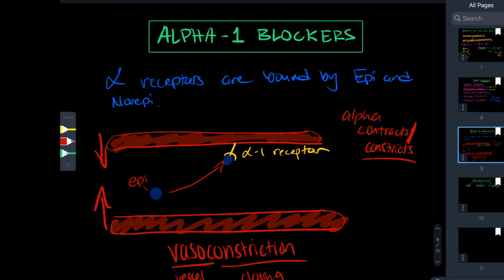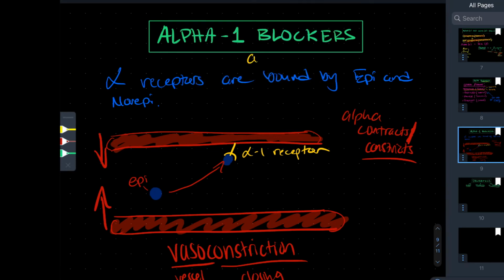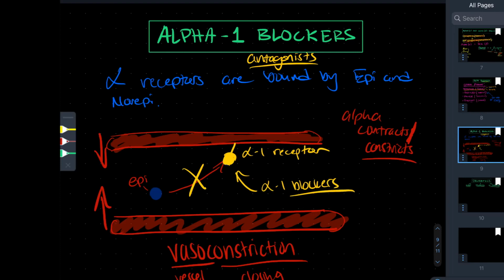So alpha 1 blockers are, once again, antagonists. So they're going to come in here and boom. They're going to block the alpha 1 receptor, which means that the vessel cannot constrict, and so blood pressure is not going to increase.